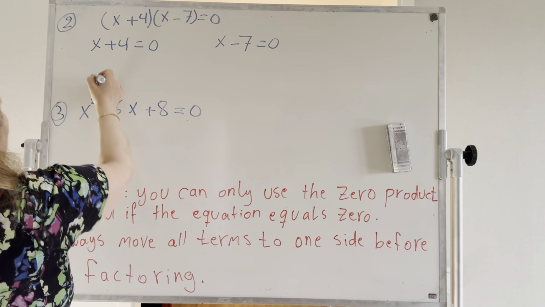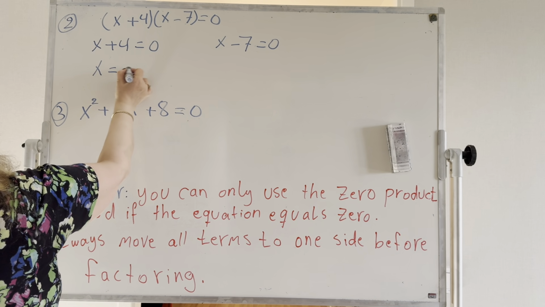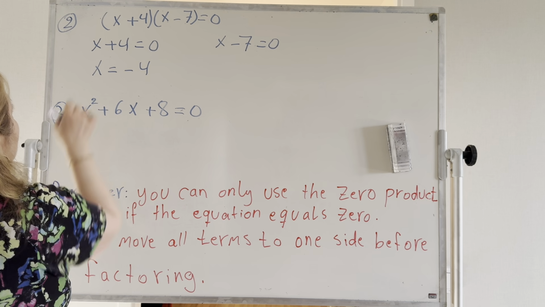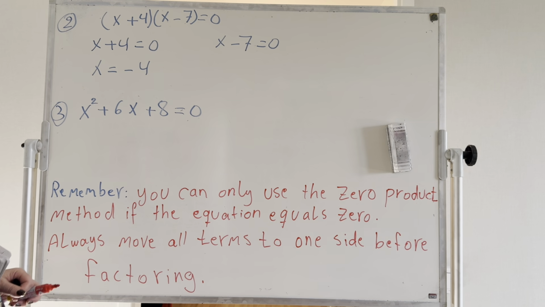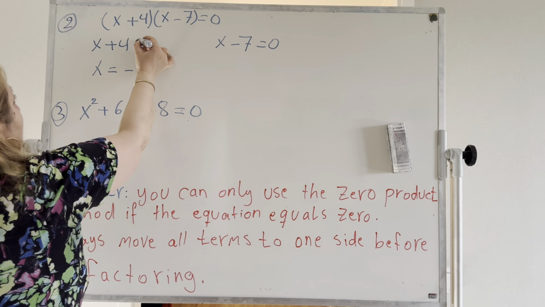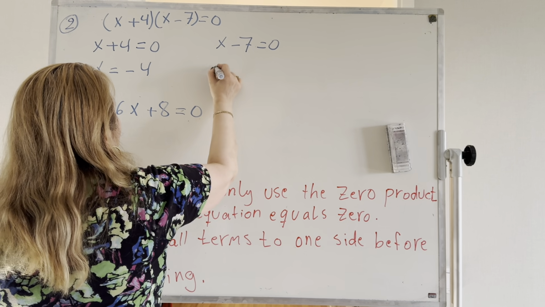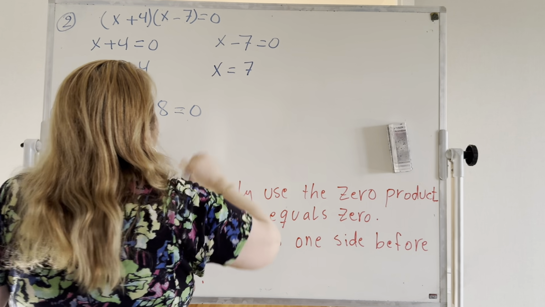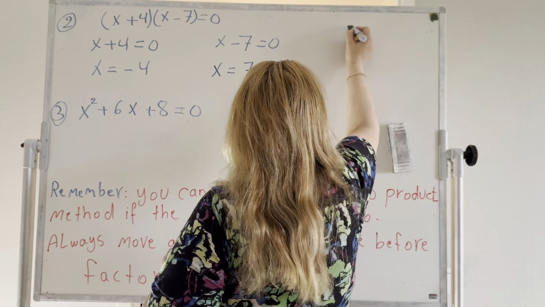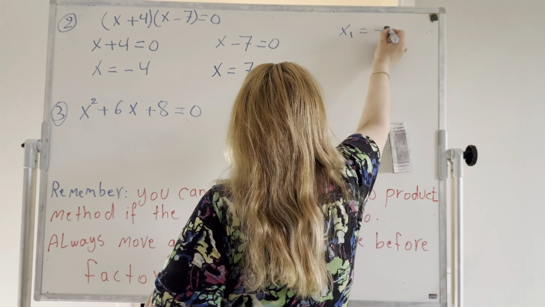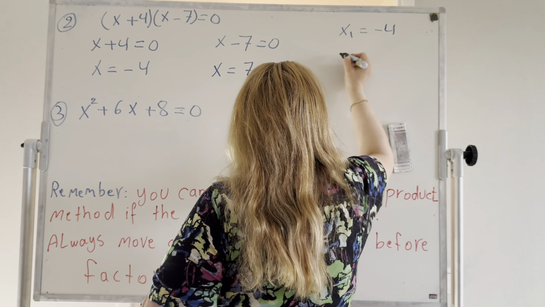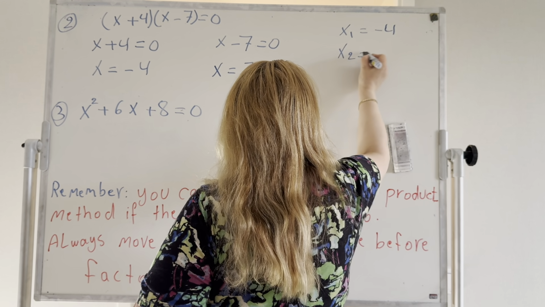Then x equals minus 4, because when we move 4 to the other side, we change the sign. x2 equals 7. So the solution is x1 equals minus 4 and x2 equals 7.